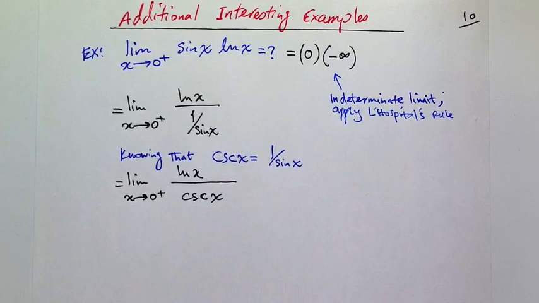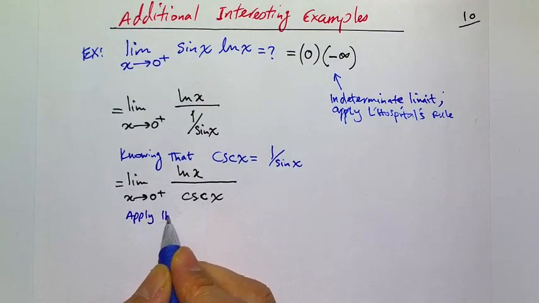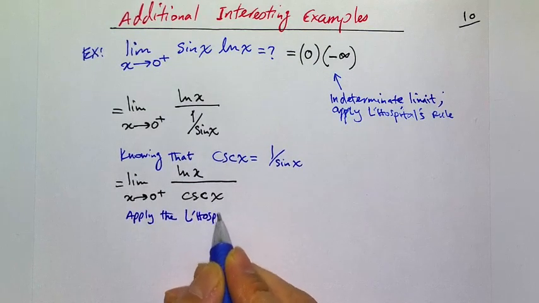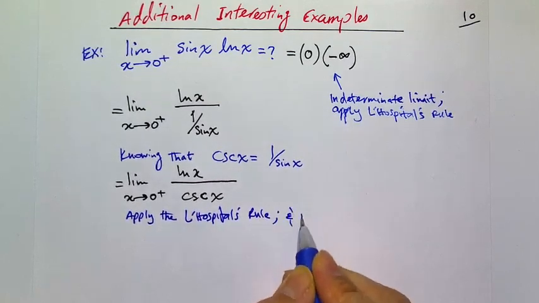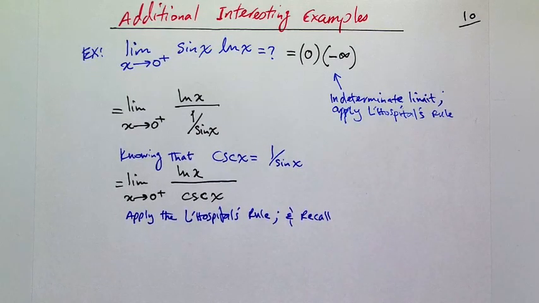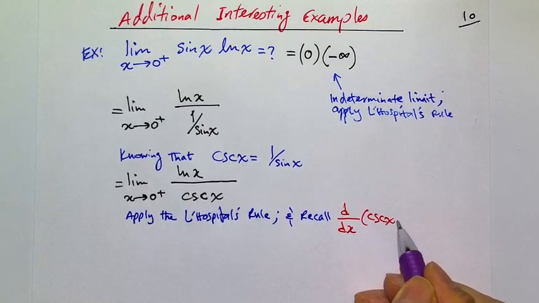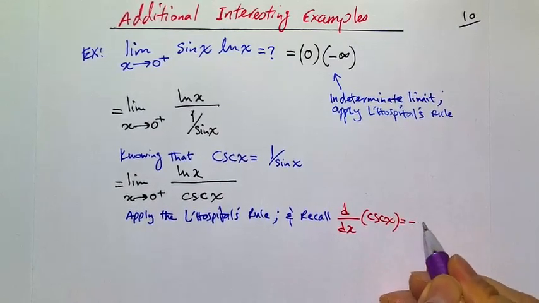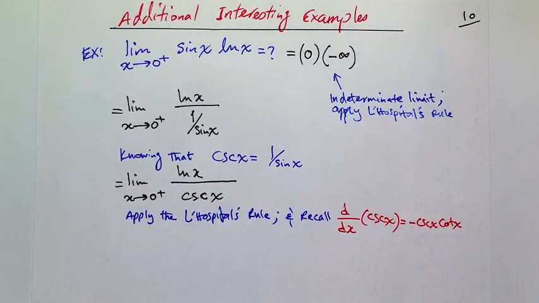So let's apply L'Hopital's rule. And recall, this is important, recall that the derivative of cosecant of x is equal to minus cosecant of x cotangent of x. So just remember that. We're going to make use of that when we apply L'Hopital's rule.